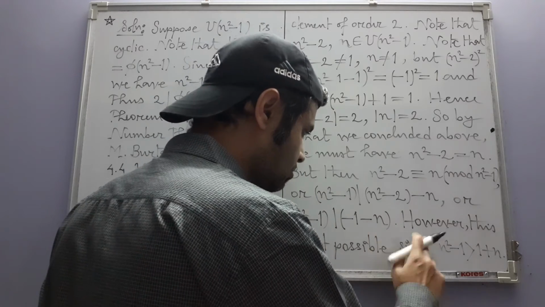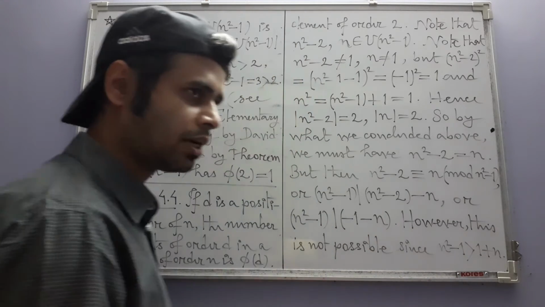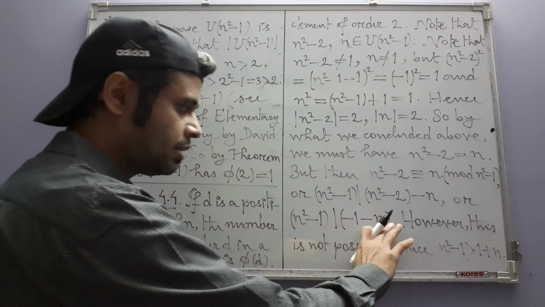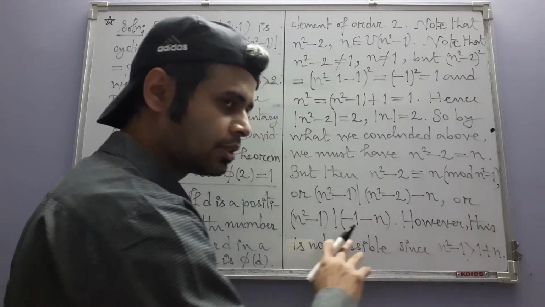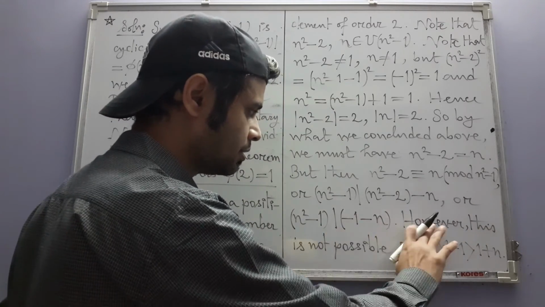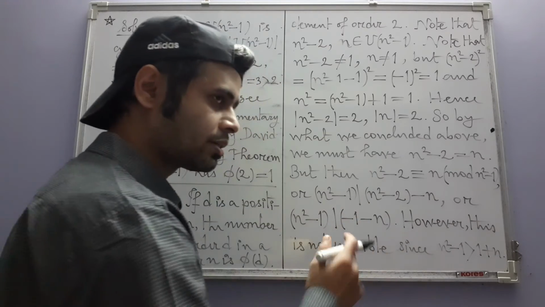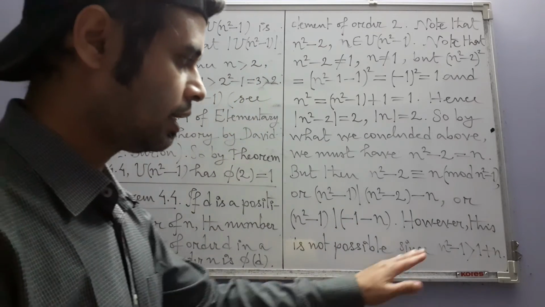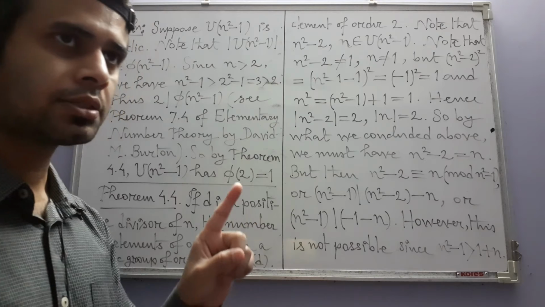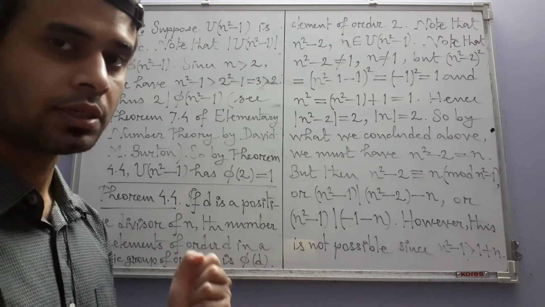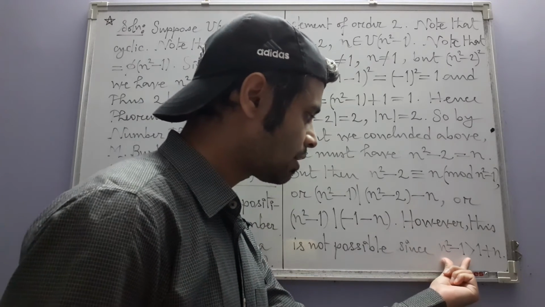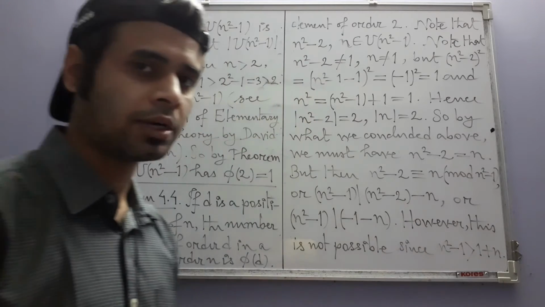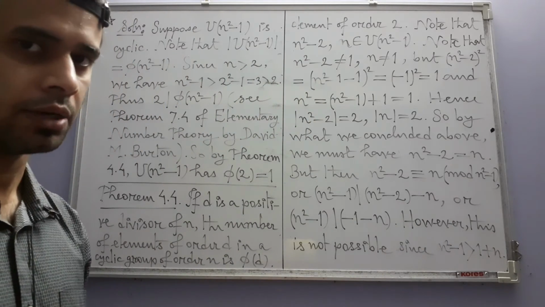So n square minus 1 has to divide 1 plus n. However, n square minus 1 and 1 plus n are both positive integers, and n square minus 1 is greater than 1 plus n, so it cannot actually divide 1 plus n.